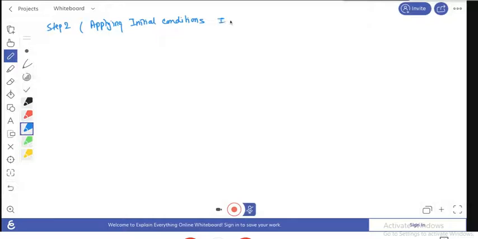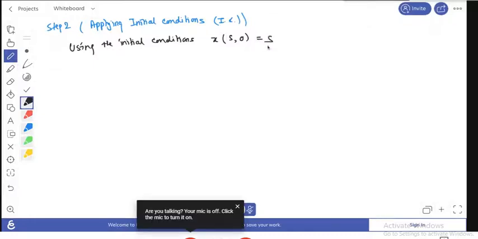The initial conditions are x when t equals 0 equals s, and y when t equals 0 equals 0.